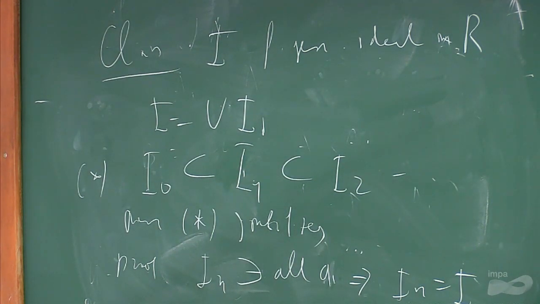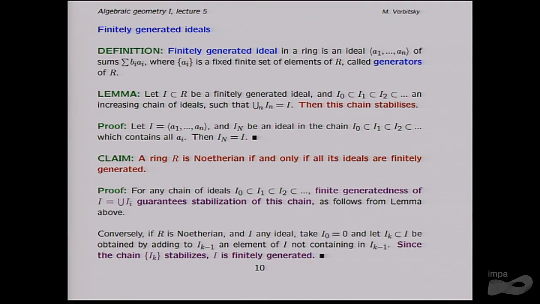Okay, so if we prove that all ideals are finitely generated, we are done. This is what we need to show. So, corollary. Yes, and the converse is also true: if a ring is Noetherian, then all ideals are finitely generated.